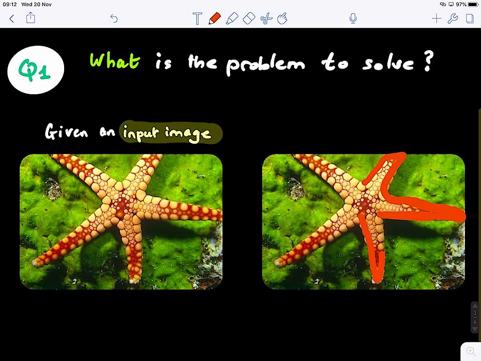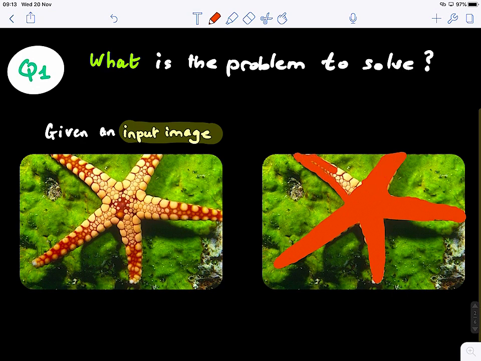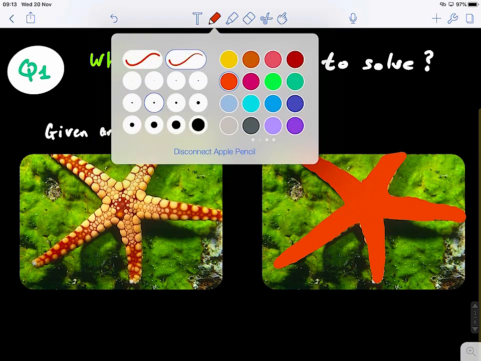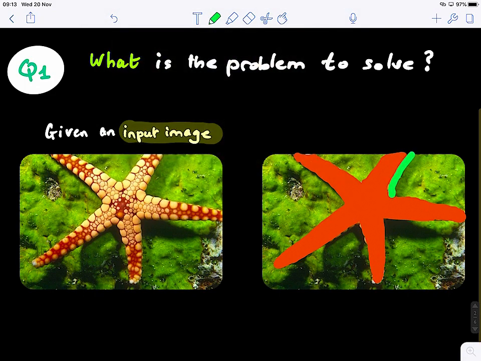We want to divide this image into different regions, and each region represents a particular object. For example, here we are segmenting this one. You can see that this is labeling only one part of the image, but we also need to label the background. If we label the background, we'll get something like that.